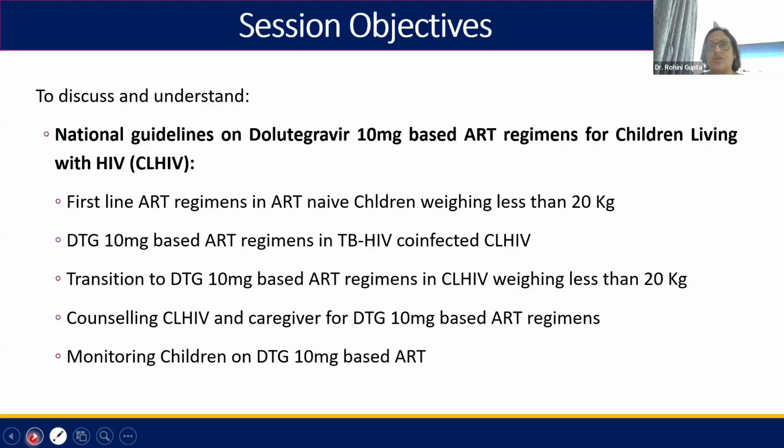We need to transition all our children less than 20 kgs to pediatric DTG based ART regimens. The next, what we'll be covering is counseling of children and caregivers for using DTG 10 milligram and monitoring children who have been started or transitioned to pediatric DTG 10 milligram based ART regimens.